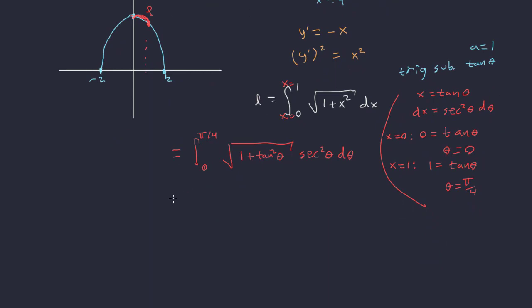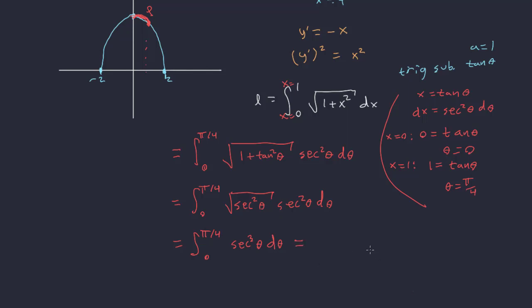So this becomes the integral from 0 to pi over 4 of, remember we use our Pythagorean identity, the square root of secant squared theta times secant squared theta d theta. And so what we end up with is the integral from 0 to pi over 4 of secant cubed theta d theta.